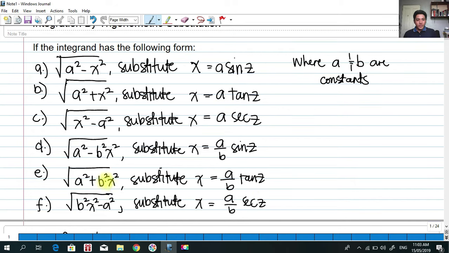But if the coefficient is not 1, but rather greater than 1, we need to use this formula. Okay, and for the last one, we have the square root of b squared x squared minus a squared. That is equivalent to x is equal to a over b secant z. Again, this is the general format of our expression.